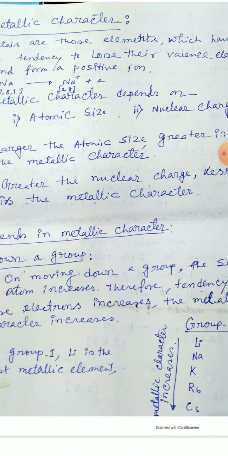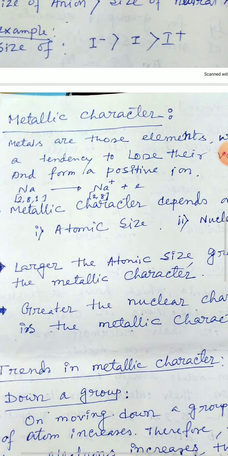You can see here the sodium electronic configuration is 2, 8, 1 because the atomic number of sodium is 11. So sodium will release one electron to form Na plus, because Na plus has electronic configuration 2, 8: in the K shell 2 electrons, in the L shell 8 electrons after releasing one electron.